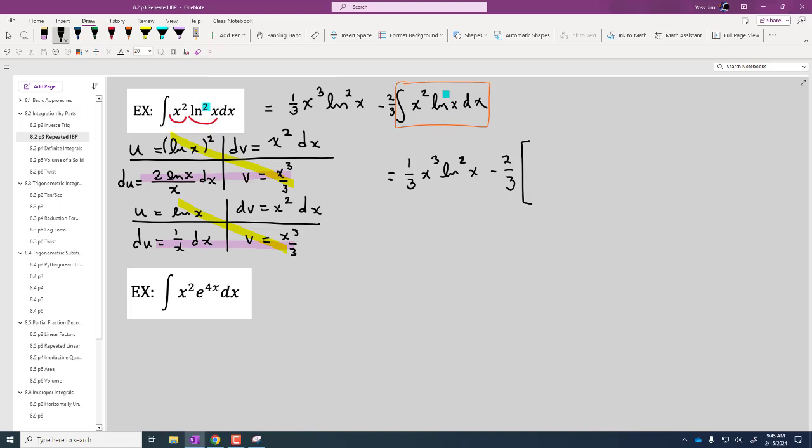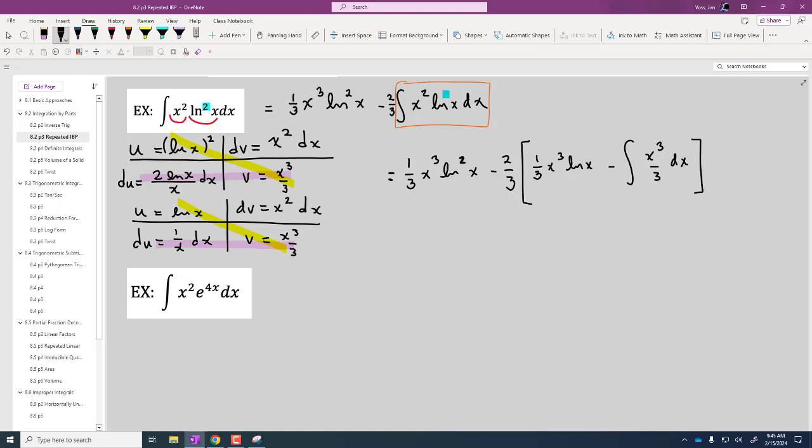So we are going to have 1/3 x cubed natural log of x minus the integral of the bottom row, 1/x times x cubed over 3. Okay, x cancels with the numerator, so we get x cubed over 3 dx, close the bracket. So now we have that.